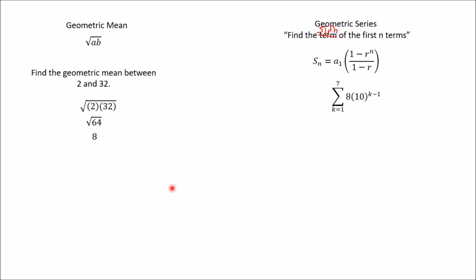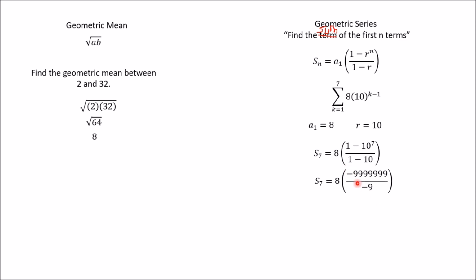So if we have the sum, k equals 1 to 7, of 8 times 10 to the k minus 1, we need the first term. Well, this is in standard form. The first term is just 8. We need the common ratio. It's 10. Then we just plug it into the equation. S of 7, because we're adding together the first 7 terms, equals 8 times 1 minus 10 to the 7th over 1 minus 10. 10 to the 7th is 1 with 7 zeros behind it. 1 minus that is going to be 7 nines divided by negative 9.